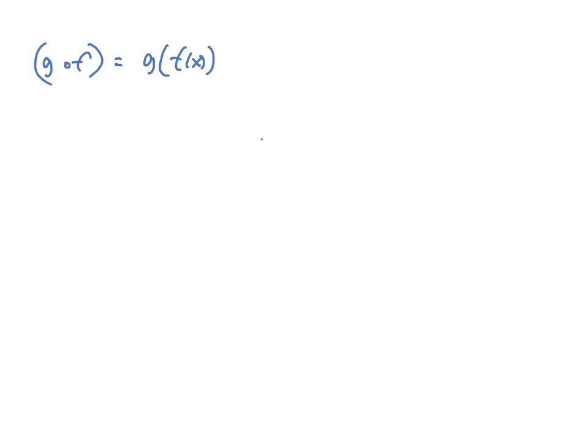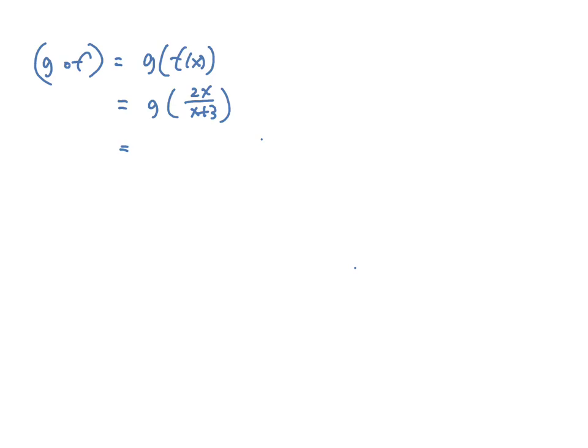Alright, so again, first thing first, plug in f of x. So you get g of 2x over x plus 3. Once we plug in the function 2x over x plus 3 into g, we can go ahead and simplify.